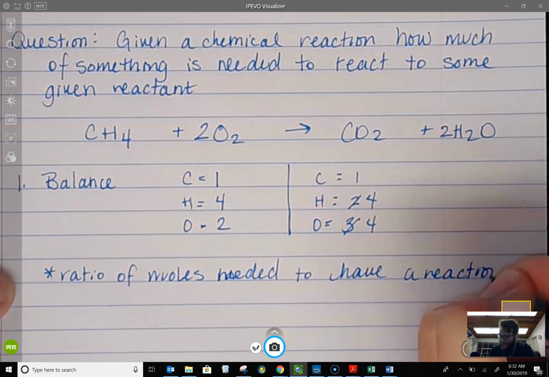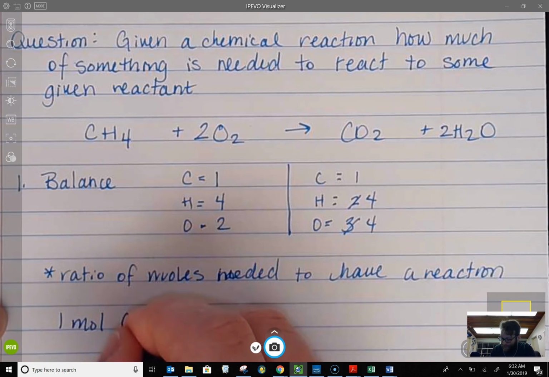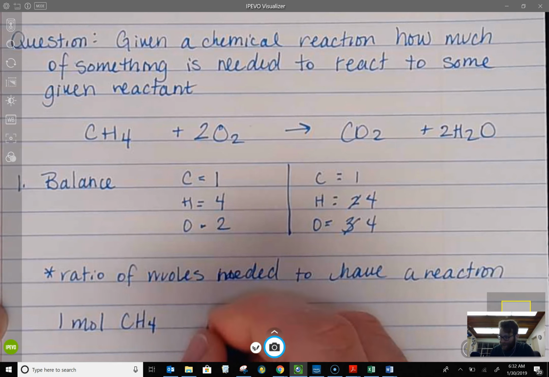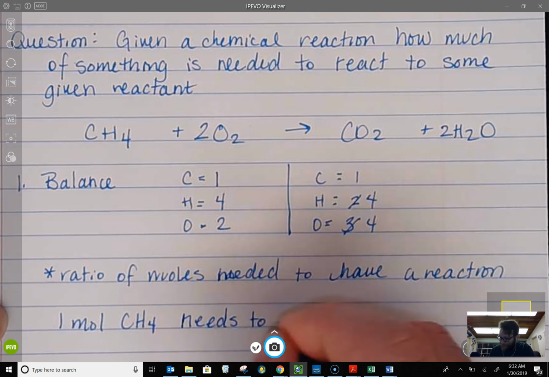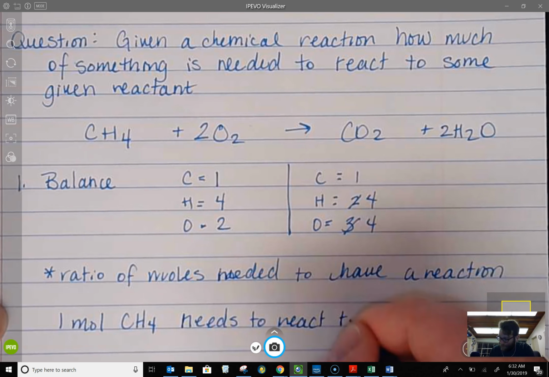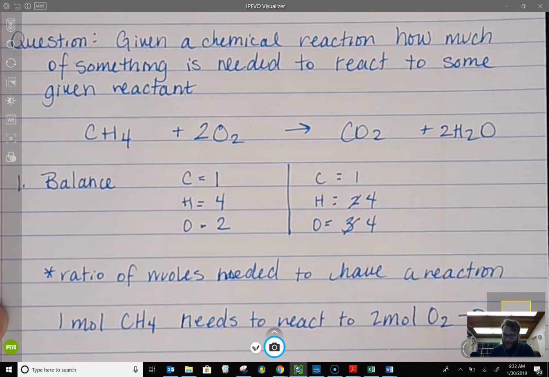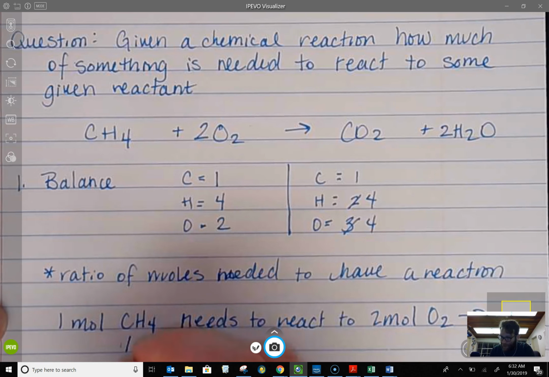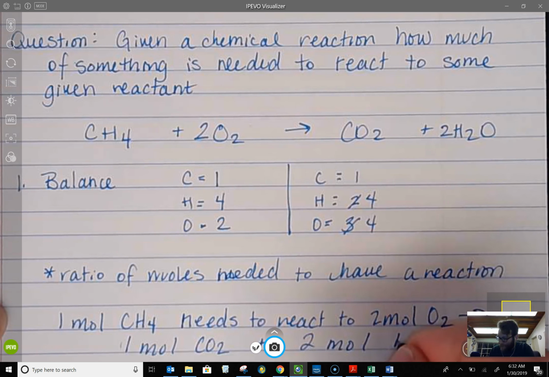So essentially what this is telling me is that for every 1 mole of CH4, methane gas, I need 2 moles of oxygen gas to give me my product of 1 mole of carbon dioxide gas plus 2 moles of water.